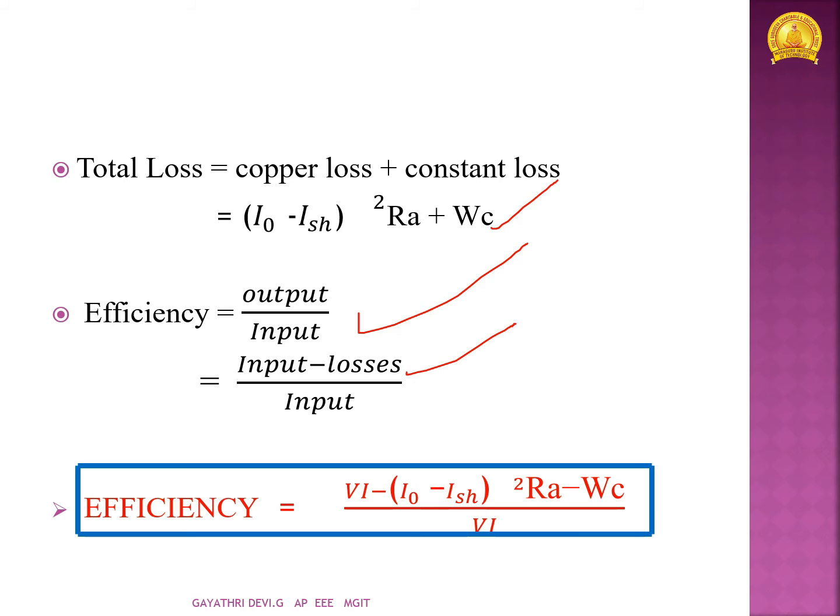So by applying these combinations of equations, we can write the efficiency as V I minus I0 minus ISH square into Ra minus WC, the constant loss, whole divided by the input power V into I. So this is the simplest no load test which is conducted in case of a DC motor, and it is the simplest format for determining the losses and efficiency of the DC motor.